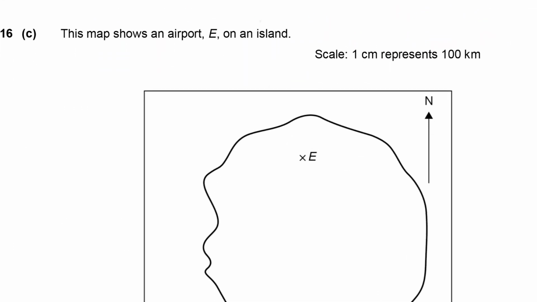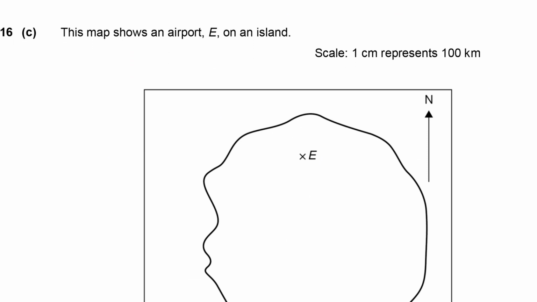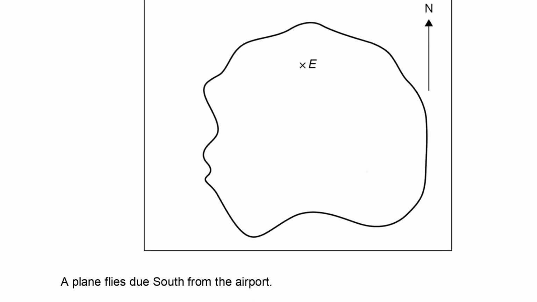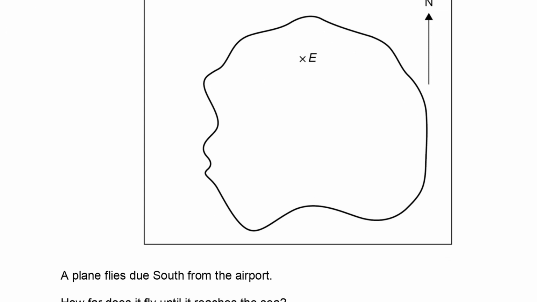Right, and then finally, it says here that the map shows an airport E on an island. Scale: 1 centimetre represents 100 kilometres. A plane flies due south from the airport. How far does it fly until it reaches the sea? We've got north marked on this map.